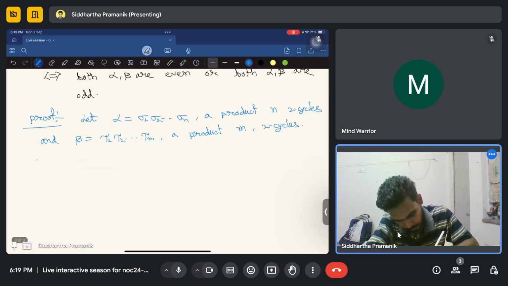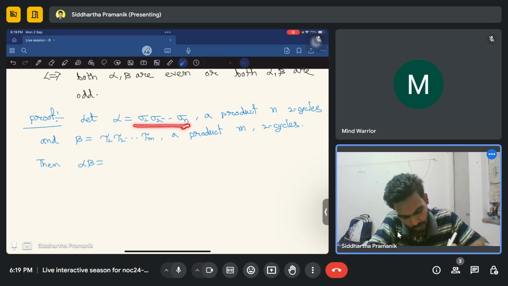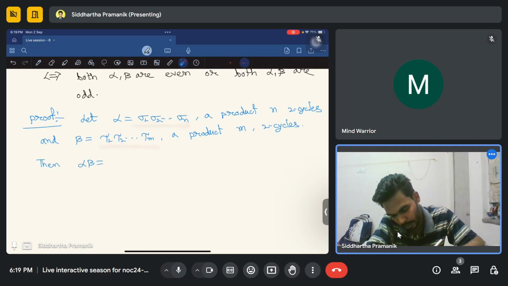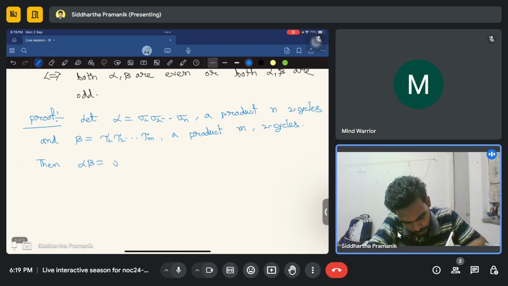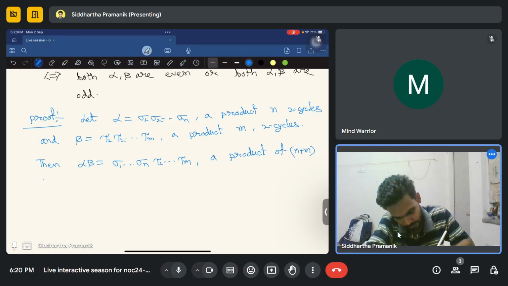Now alpha beta we can simply write as this product times this product. So it is sigma 1 up to sigma n, tau 1 up to tau m. So it is a product of n plus m two cycles.